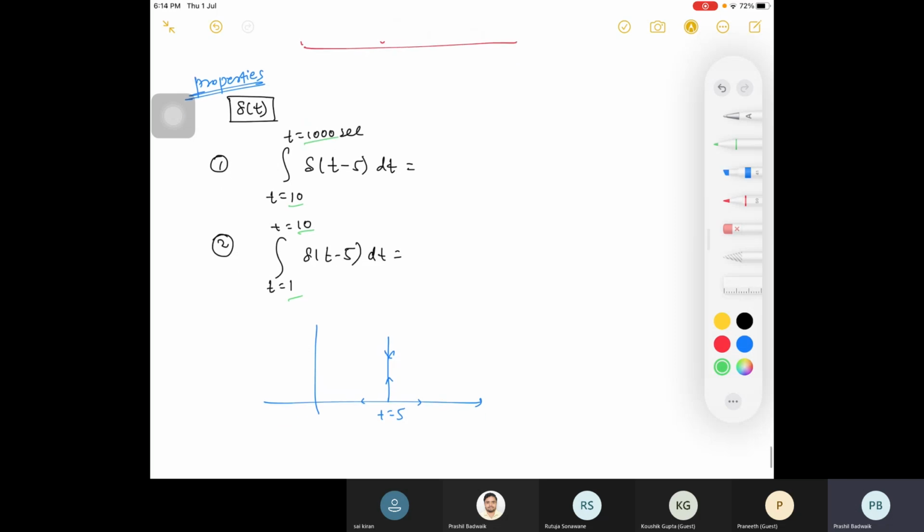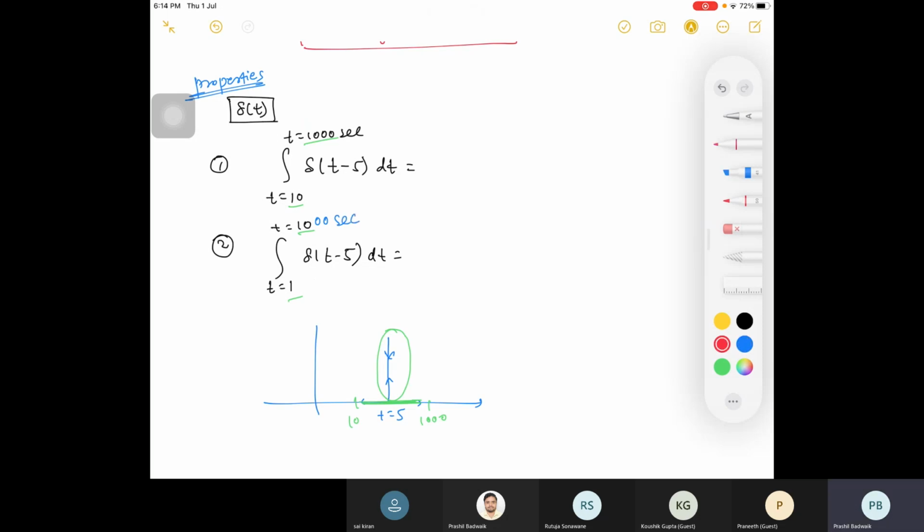So suppose you have the interval t equal to 10 to 1000 and you are finding the value of the curve in this region. Or suppose you make the interval the same as in the previous example, from 1 to 1000 seconds.